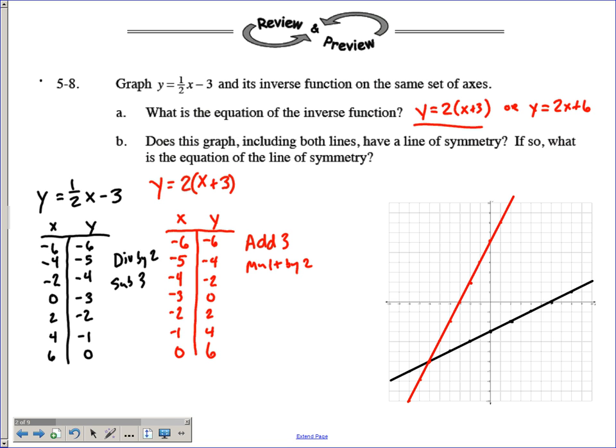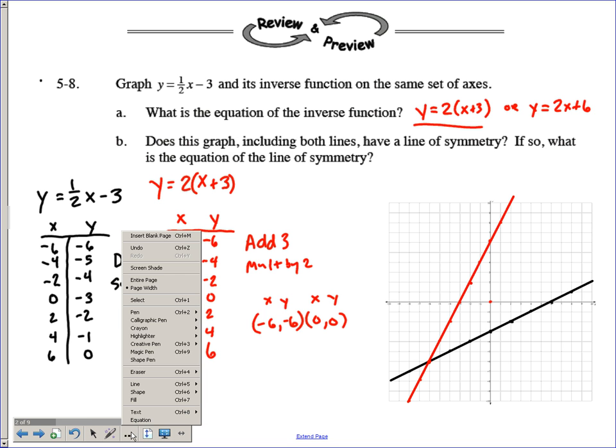So this point we know is the point -6, -6. And these points are all equidistant from the origin as well. So if you thought about it, it goes through -6, -6, and 0, 0. Well, what do you notice here? This is an x, this is a y, this is an x, this is a y. What would the equation of this line be that goes right through there? Actually, let's do this.